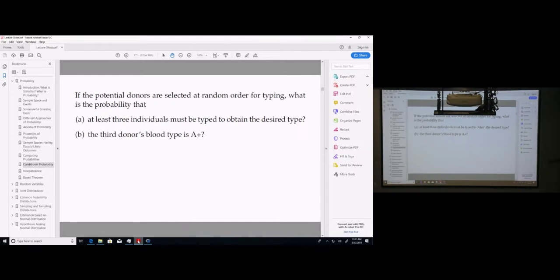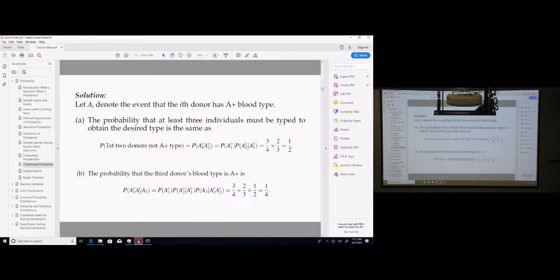You think of cards, it is a bit more reasonable. So now you draw a card. The first one is not an A+ blood type. So that means you have 3 non-A+ cards out of the 4 that you are drawing. So it is 3/4, and you have 2/3, and this is 1/2, and so on and so forth.